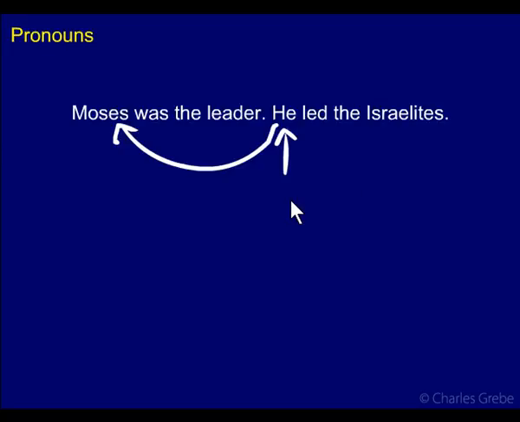Now, pronouns, here's our pronoun here, they can function as a subject, just like a noun can. So this one's the subject, he led the Israelites. They can function as an object of a verb. So if I said he led them, or he led those, something like that, then they would be functioning as the object of a verb.